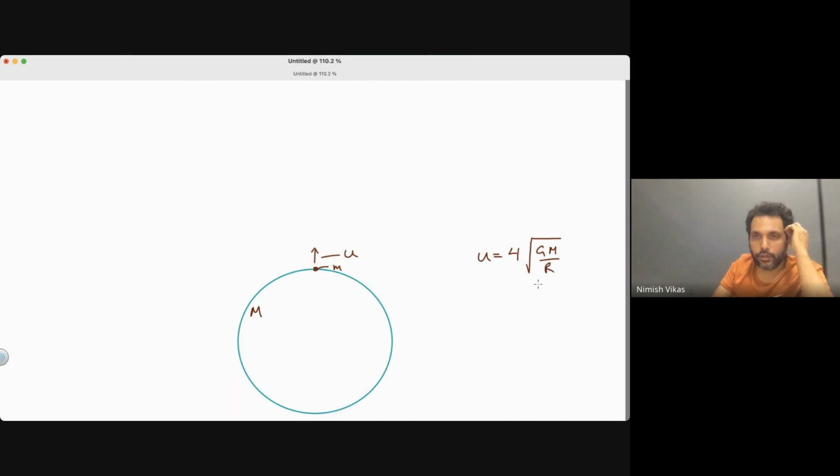Is the unit correct for you? Will root GM by R end up to be a velocity unit, unit wise, guys? What do you think?